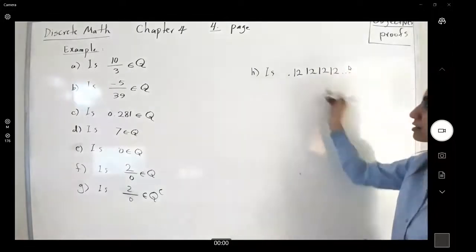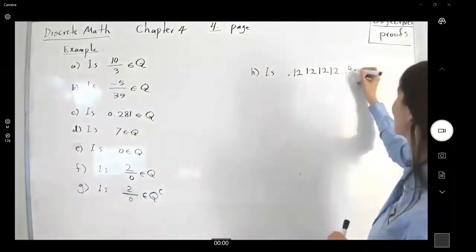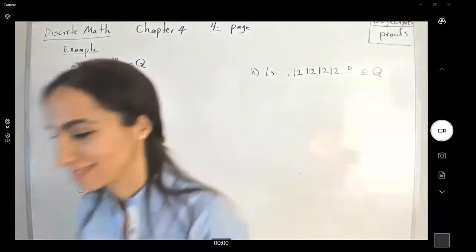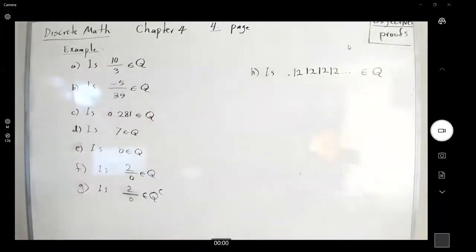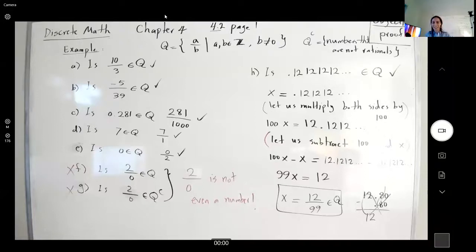So 12 is repeated non-stop. Is it a rational number? Isn't that fun? Yes, it is cool, very cool. So we try to find a repeating pattern, something that actually helps us work with these types of numbers.